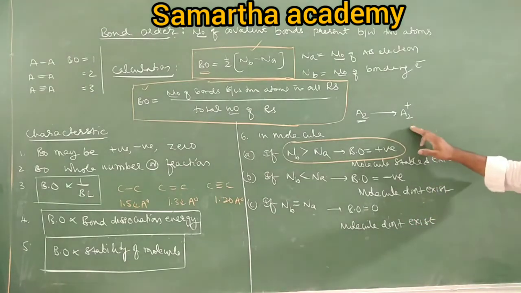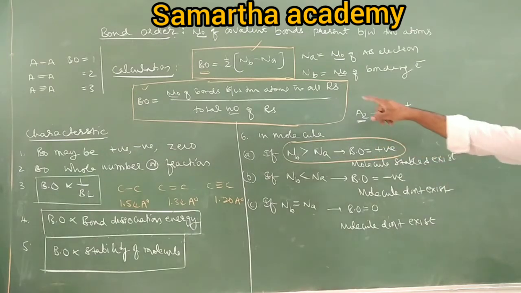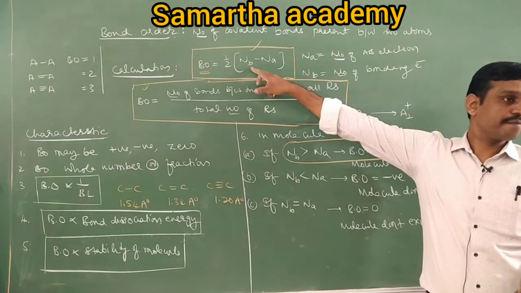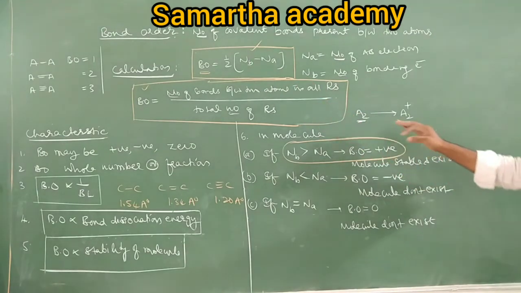In the formation of A2 plus, if A2 loses one electron from bonding, its bond order decreases. Bond order decreases when A2 loses an electron from where? From the bonding molecular orbital. Yes or no? Next, if the A2 molecule loses an electron from the anti-bonding molecular orbital, bond order increases.